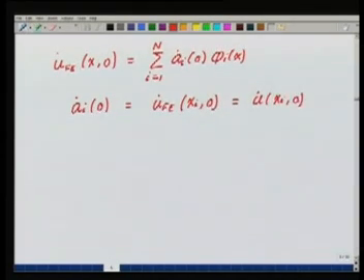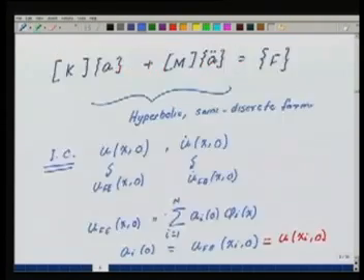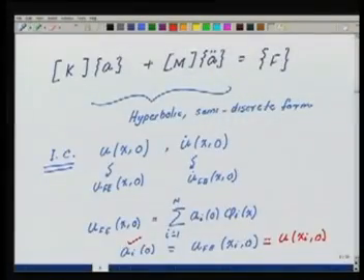So we are going to interpolate both the velocity and the displacement in order to get these coefficients a_i dot and a_i at the initial time. So I have the values of the unknown displacement coefficients a at time 0 and a dot at time 0.